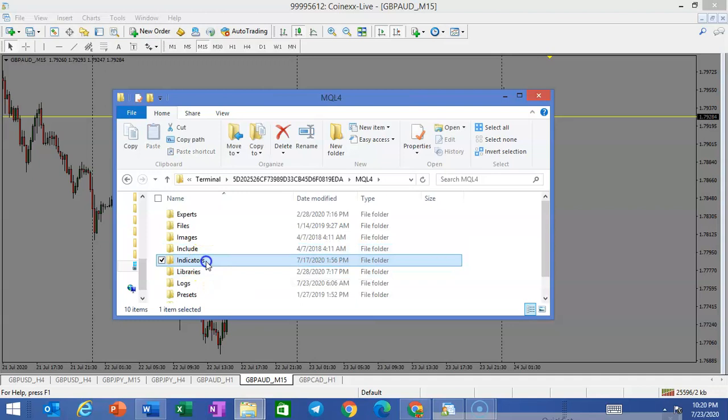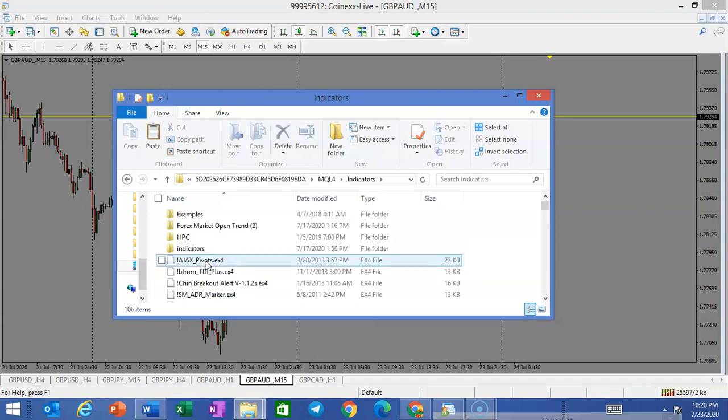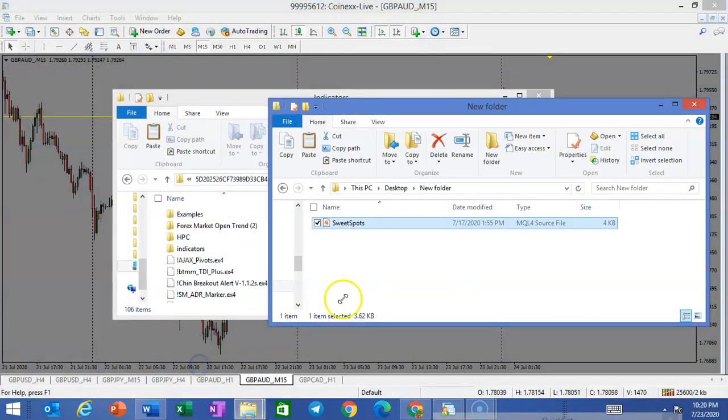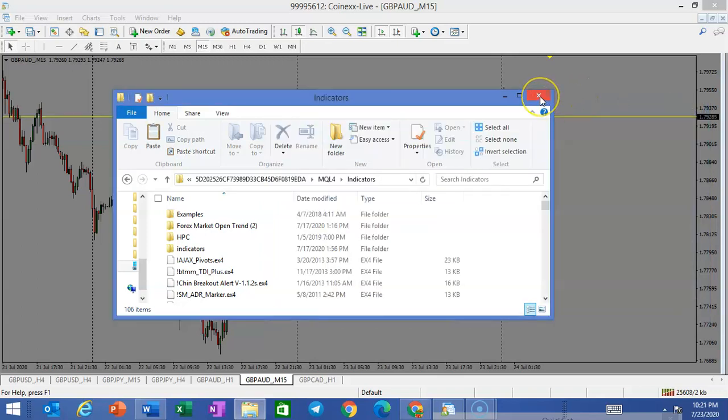You would go to indicators. And then you would transfer the indicator into your indicator folder. I'm not going to do it now because it's already there on my MetaTrader 4. Okay, so you would just drag and drop.